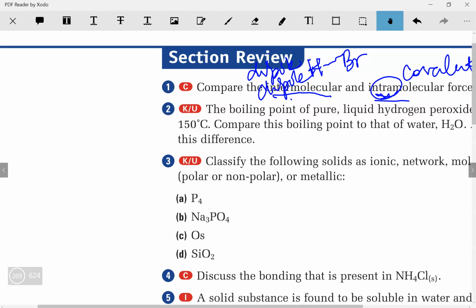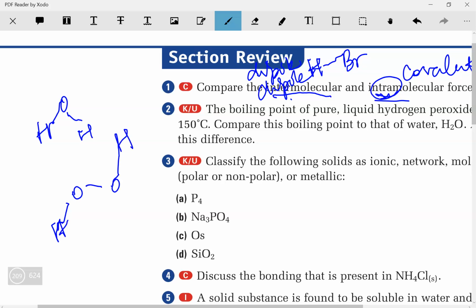Why? Because water looks like this. Hydrogen peroxide, H2O2, looks like that. And if we look at these molecules, both of them have covalent bonding in between their atoms. Water is a polar molecule, has hydrogen bonding. Hydrogen peroxide is also polar on these two bonds.